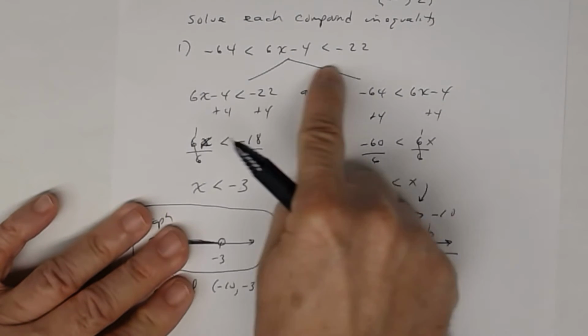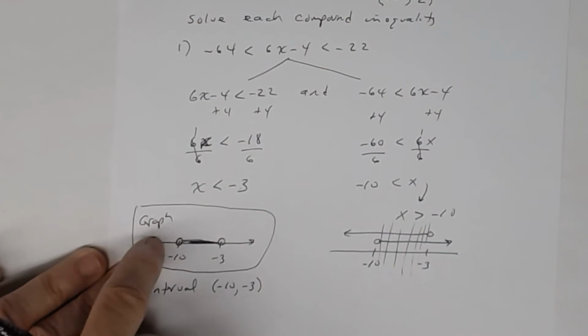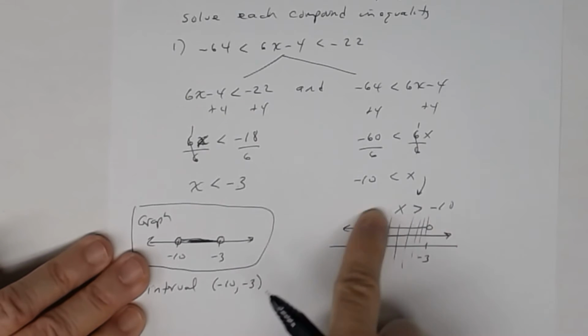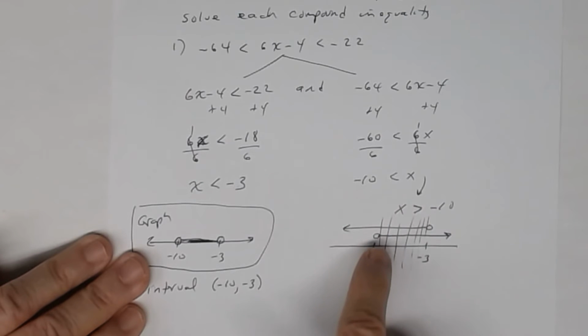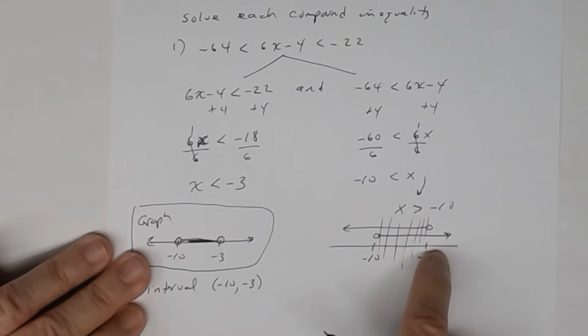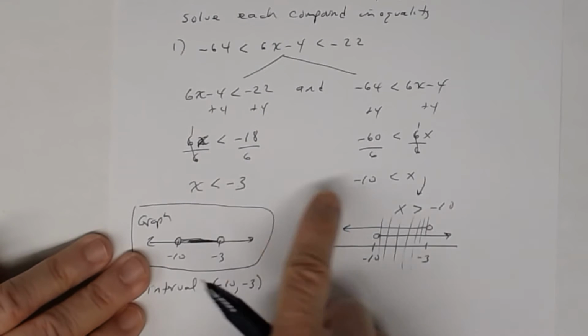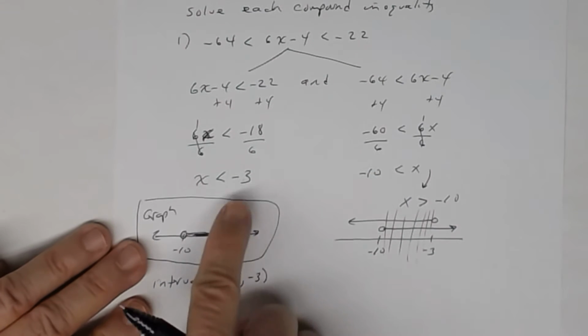The original was a compound inequality. So to find the solution to the original, you're going to first think about each one individually. So this says that x is less than negative 3. This says that x is greater than negative 10. So the solution to the original would be the intersection of those individual solutions to the simple inequalities. And so that's what you do.